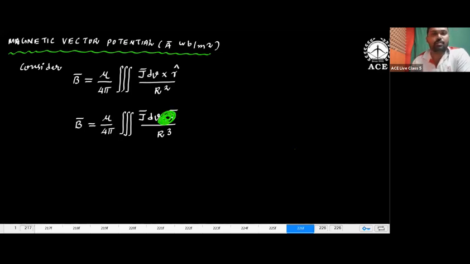Because of this, the mathematics is very lengthy. So I want to bring that cross product outside the integration. So I'm going to make use of one property from vector calculus.